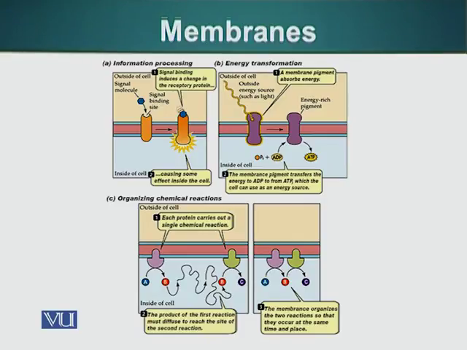Not only do membranes provide greater surface area for these enzyme proteins to function, they can also organize these enzyme proteins in a sequence. We know that in metabolism, the end product of a chemical reaction is the starting point for another chemical reaction. So if these enzymes are organized on a membrane scaffold, these reactions can go on sequentially in a much smoother way.